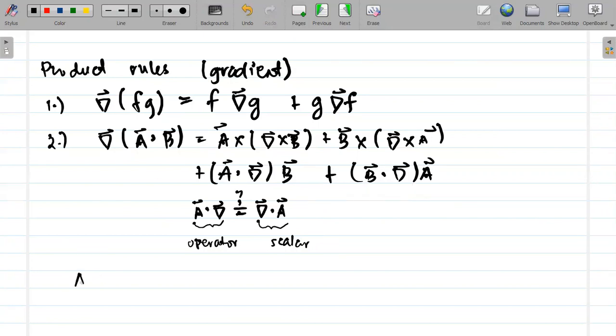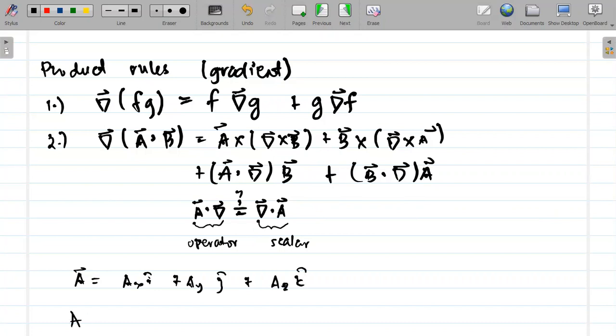Sige, halimbawa, A equals AX i hat plus AY j hat plus AZ k hat.